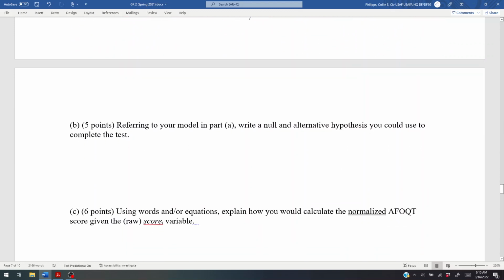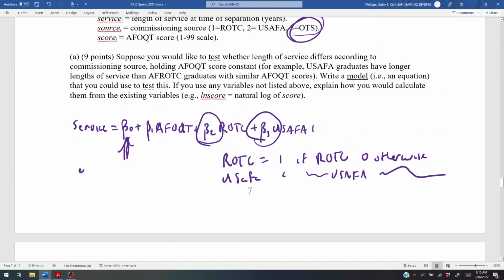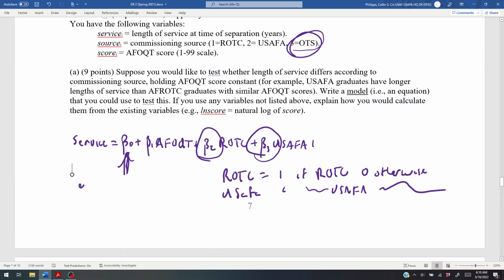Referring to your model in Part A, write a null and alternative hypothesis you could use to complete the test. I want to test whether length of service differs according to commissioning source, holding AFOQT score constant. So I want to test whether everybody has the same length of service regardless of where you came from, which means that these ROTC people can't be different from the baseline OTS people, and these USAFA people can't be different from the baseline OTS people.